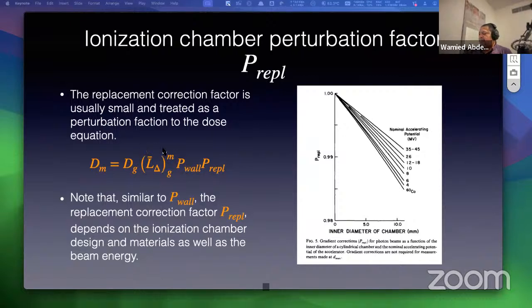However, the restricted stopping power ratio only depends on the beam energy. So if I use two different chambers, this factor is going to be the same when I use both of them to do a measurement in the same beam. However, each chamber will have a different P wall and P replacement depending on their design.